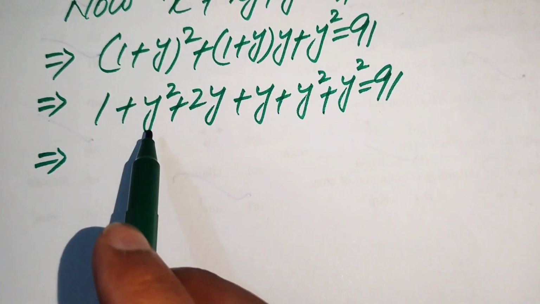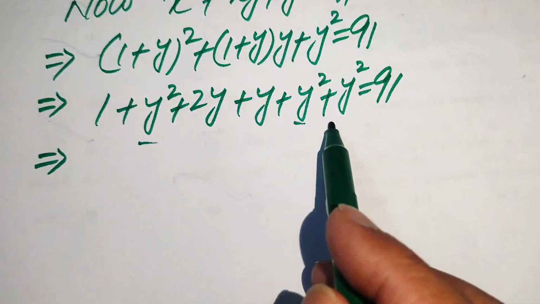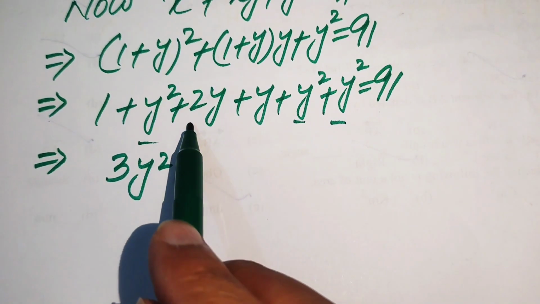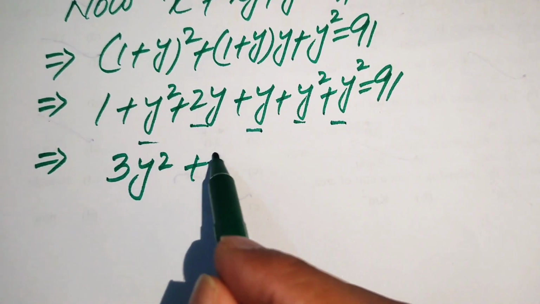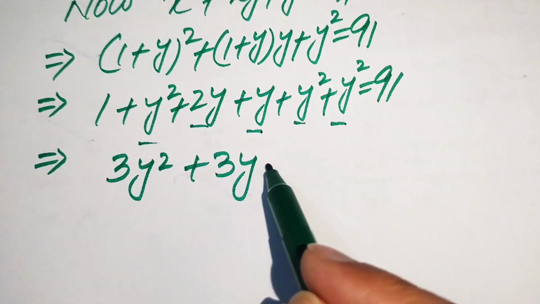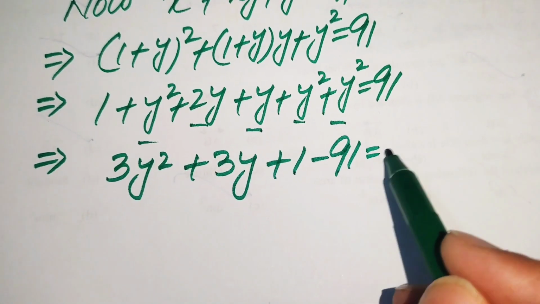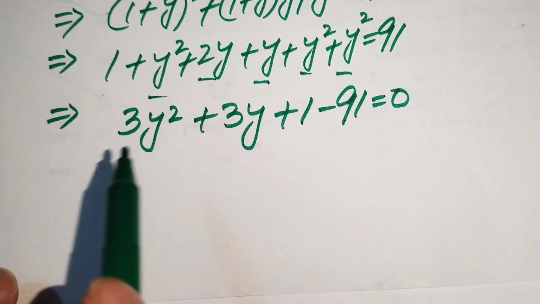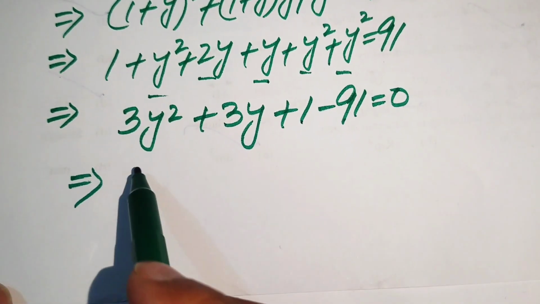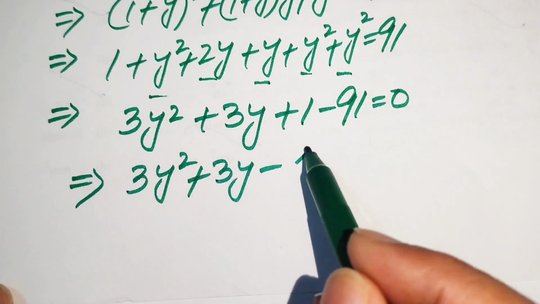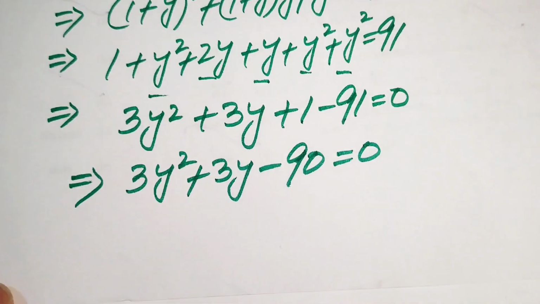In the next step, y squared, y squared and y squared make 3y squared, and 2y plus y equals 3y, plus 1, and we move 91 to the left-hand side, so it is minus 91 equals 0. After simplification we have 3y squared plus 3y minus 90 equals 0.